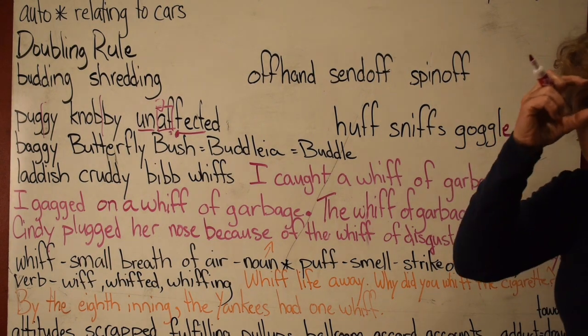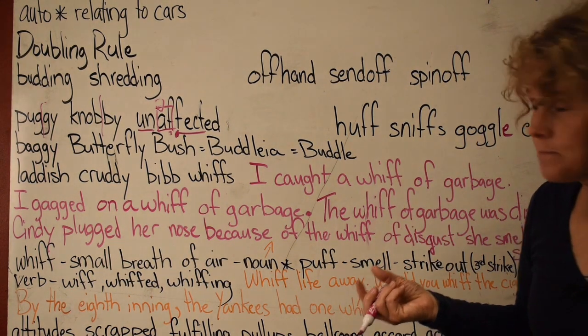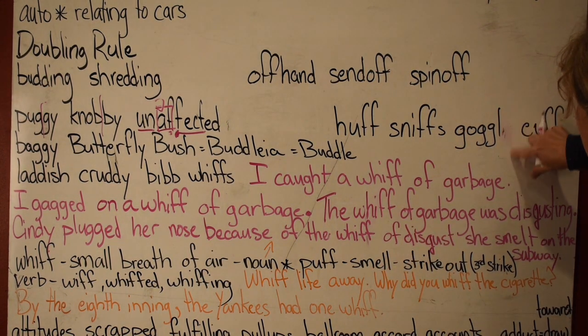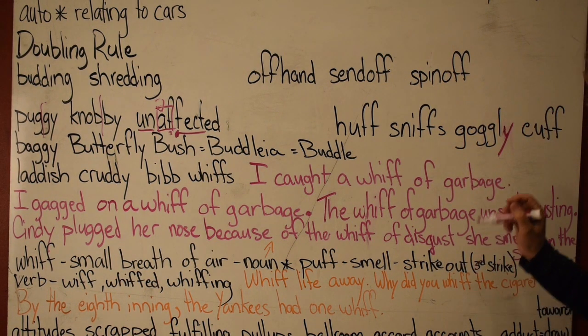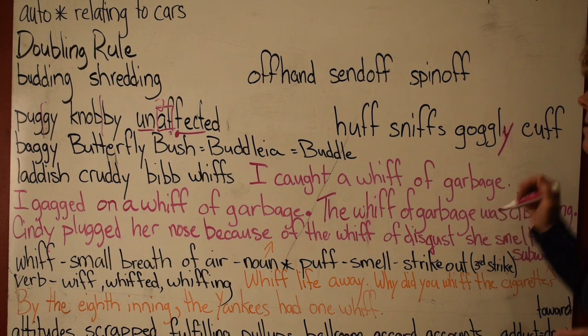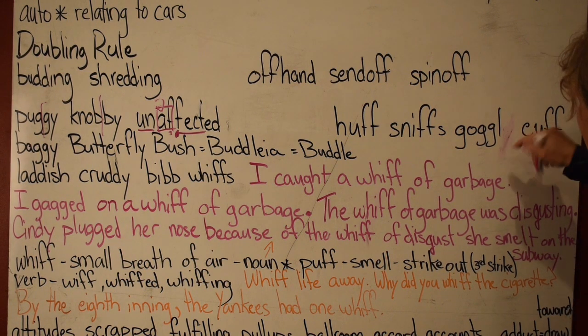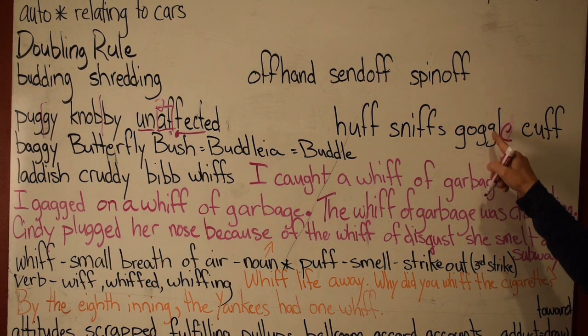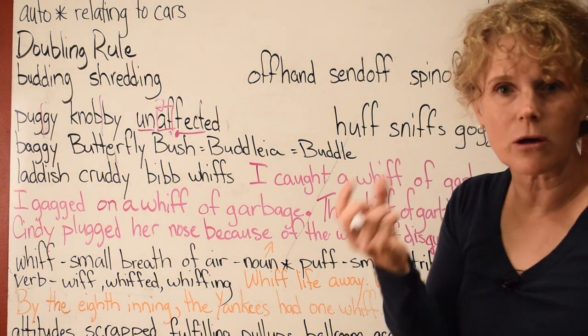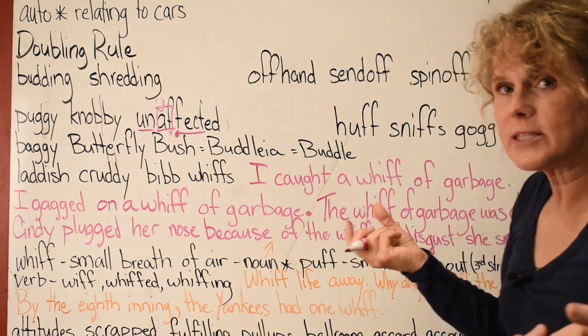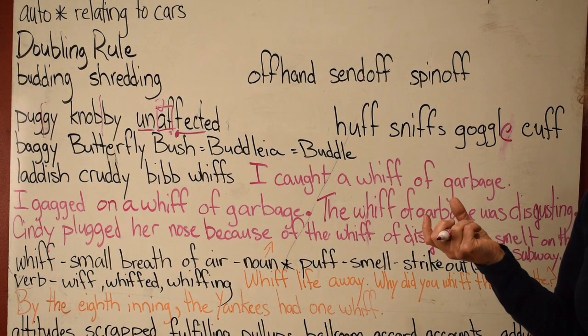So like your goggles that you put on when you go swimming. Goggly. Doesn't that change the word? Yeah, but it still tells you why it's doubled. It's a consonant L-E syllable. Goggly eyes. You look like you have goggles on. So that's what it is. Does that make sense? Yeah.